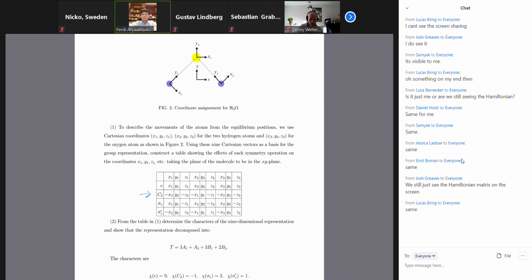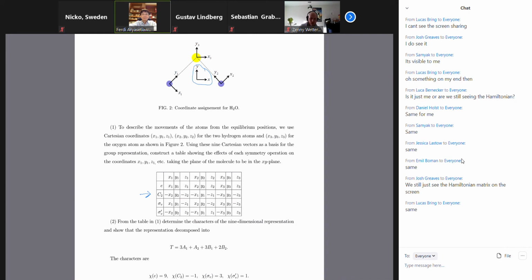C2 is just a 180-degree rotation around the y-axis. So we have this global coordinate system, and we are looking at the rotation about the y-axis.